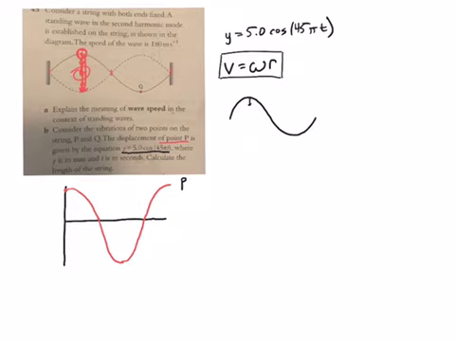The one I drew initially over here was a sine graph, which is the displacement of the original wave with respect to the distance across the string. Here, we're looking specifically at point P. It starts up here, goes down, and then goes back up, and this is relative to time.